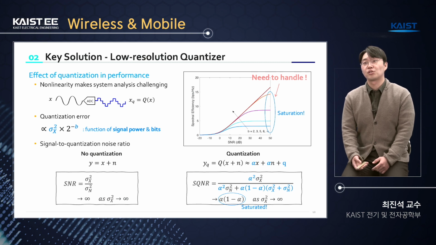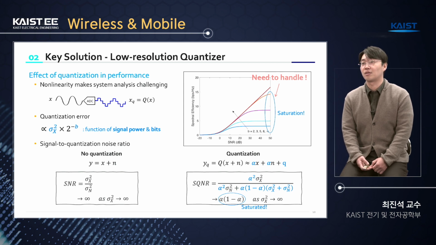So as a solution, we can decrease the number of bits so that we can exponentially decrease the power consumption at the ADC. However, decreasing the resolution of the ADC means we will introduce additional quantization error. As you see here, the quantization error is a key bottleneck of the spectral efficiency, also known as the data rate.